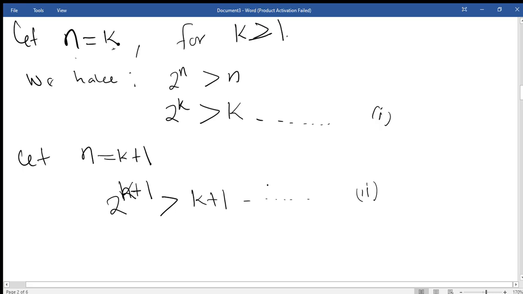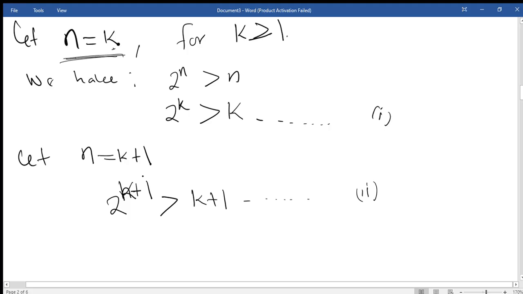So what are we going to do here? The inductive step says that assuming the formula is true for n equal to k, we need to show that it is also true for n equals k plus 1.